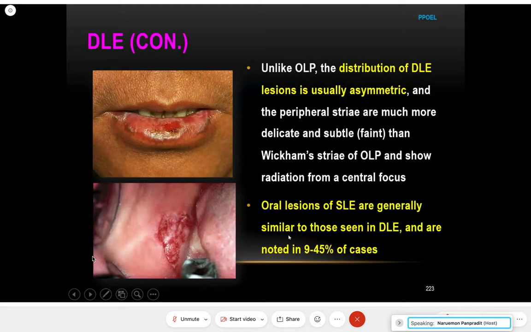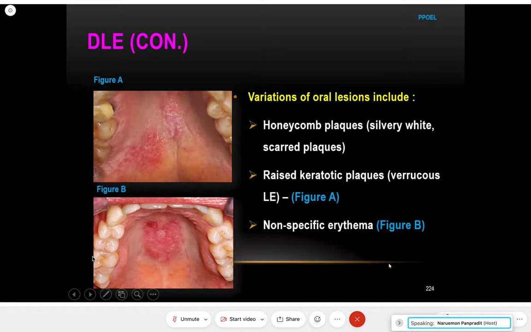The oral lesions of SLE are similar to those of DLE and present in about 9 to 45 percent of cases, like oral lichen. And this is another characteristic of the lupus lesion in the oral cavity. Not only looking like the white lines or white striation of lichen, they may present as a honeycomb plaque, a silver-white square plaque, or a red sclerotic plaque.